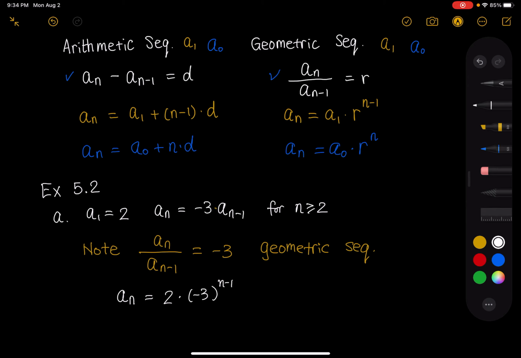If we have the formula, we can skip what you see in the textbook, the calculation of a_2, a_3, a_4, and so on, to realize a general pattern.